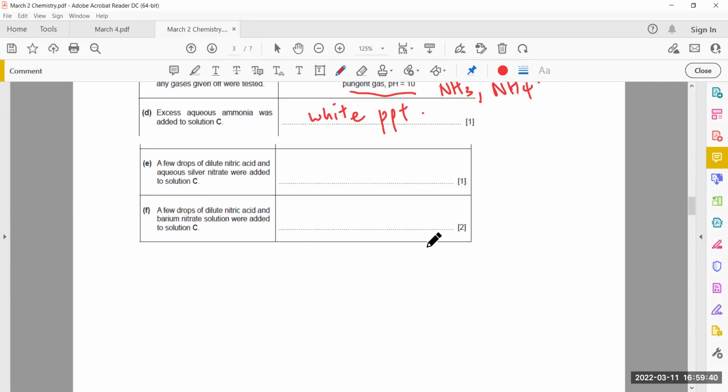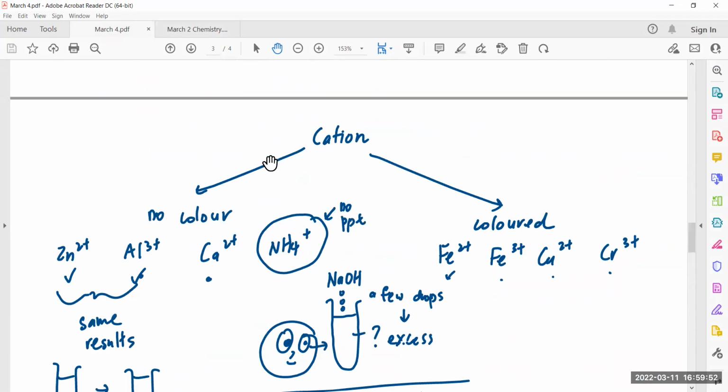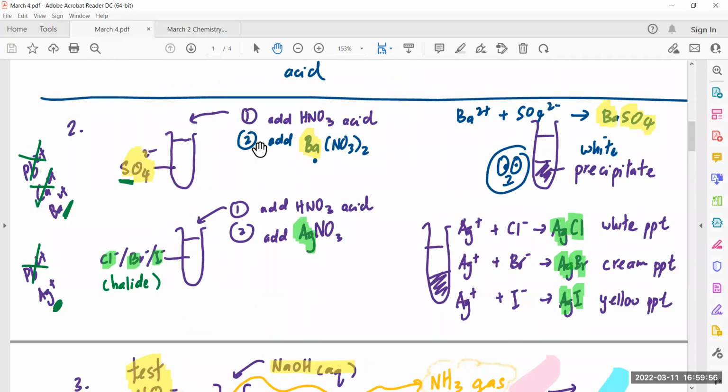All right. Few drops of dilute nitric acid and aqueous silver nitrate. Silver is to test who? Not sulfate. Barium is to test sulfate. Silver is to test halides: chloride, bromide, iodide. If it's white precipitate, it's chloride.